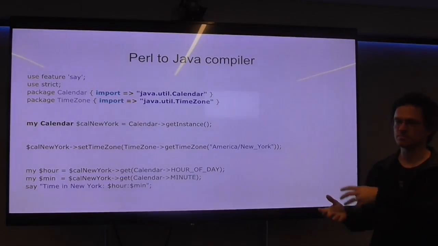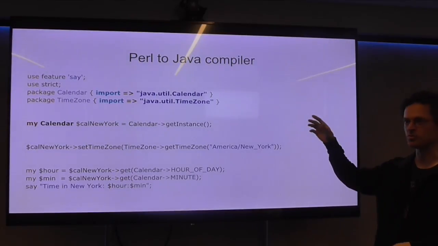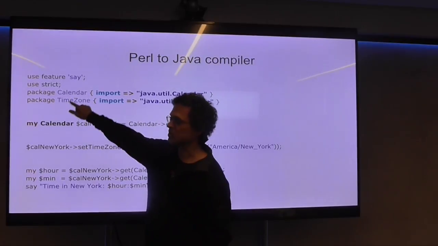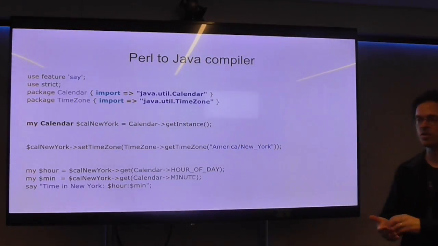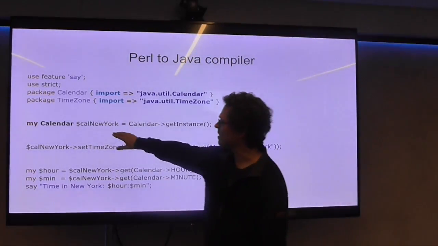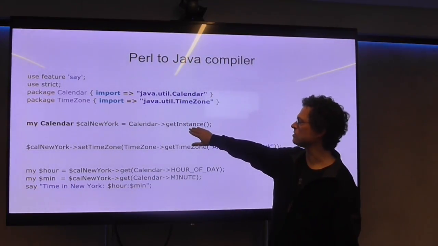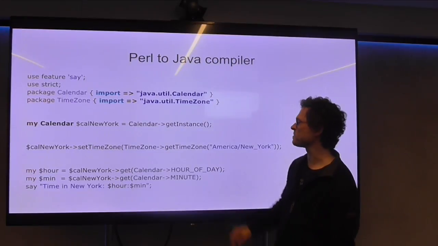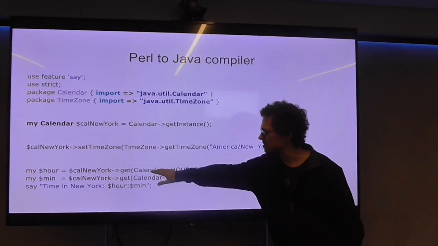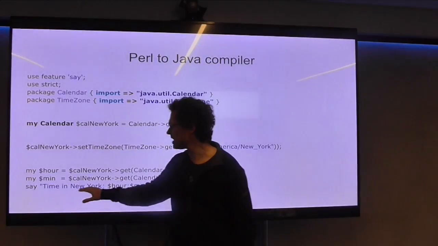But Perlito knows that if you are compiling to Java and you see this annotation, then it adds the code to really import this class, and adds the wrappers to create a Perl class that contains all the methods. So we're importing Calendar and TimeZone. Later we can create a variable that is a Calendar, and it calls getInstance, which we get straight from Java. So here, from the calendar, we get the hour of day, stored in a plain Perl variable, and then we can print.